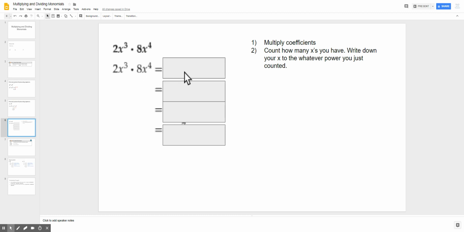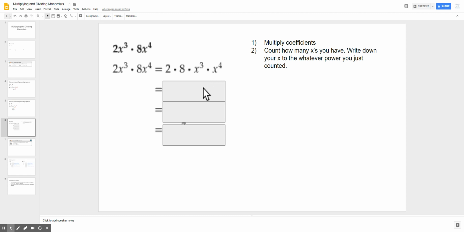So first thing you're going to do is multiply, or you can separate them all, and that'll help you see what you'll multiply later. So this 2x cubed can be separated as 2 times x cubed, and then this 8x to the 4th can be separated as 8 times x to the 4th.